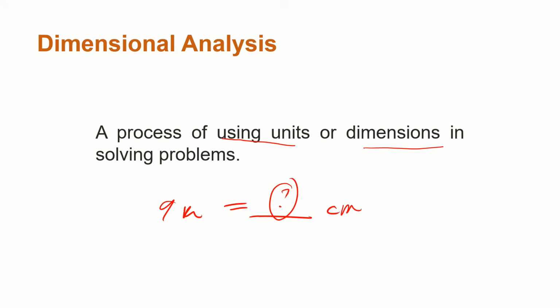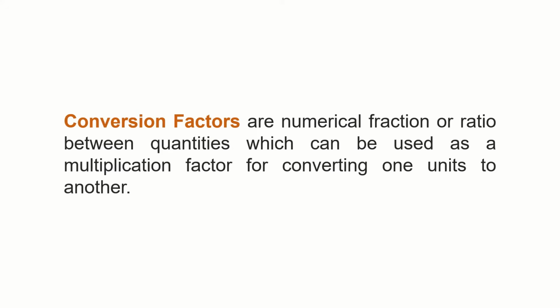To convert, we need to identify the conversion factors which can be used to eliminate and change units to your desired units. Conversion factors are numerical fractions, or ratios between quantities, which can be used as a multiplication factor for converting one unit to another.